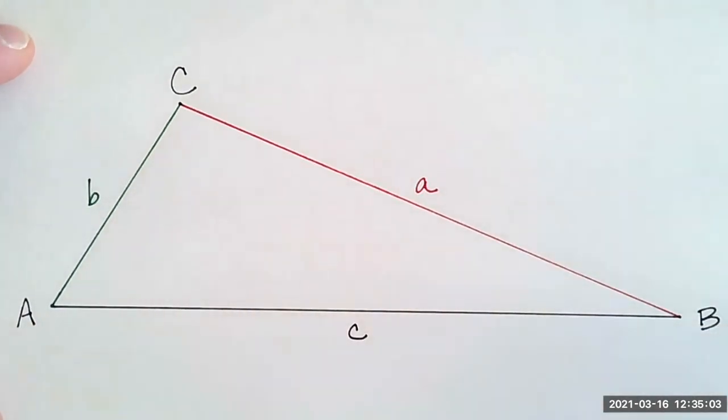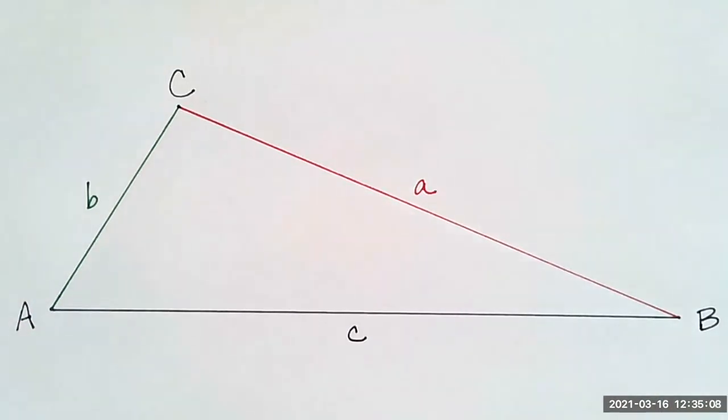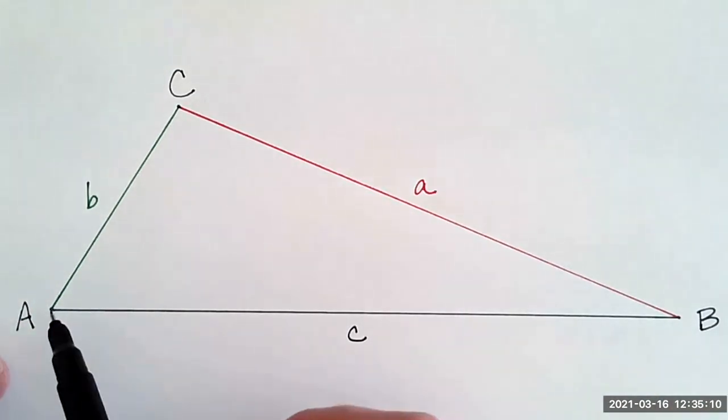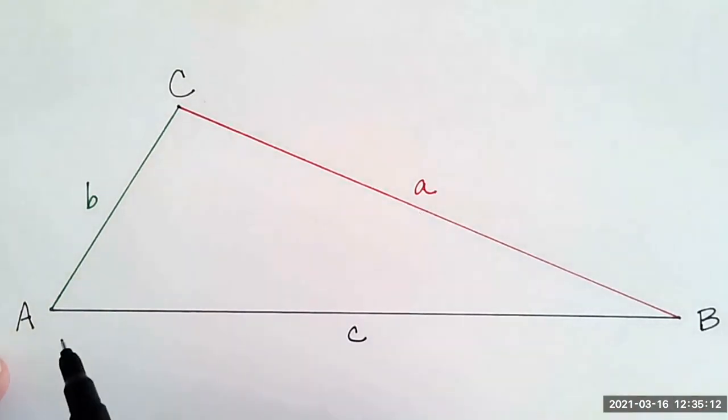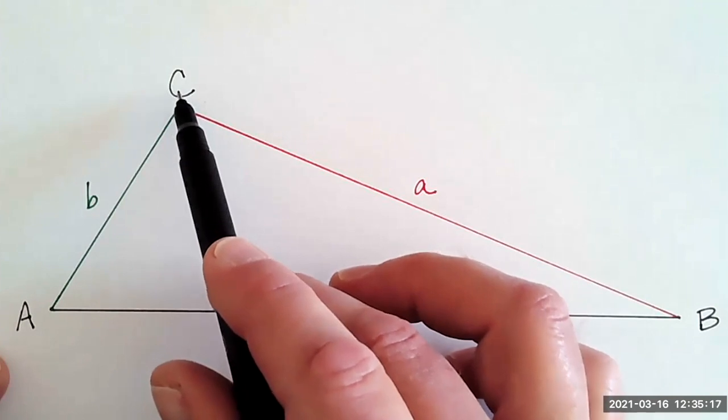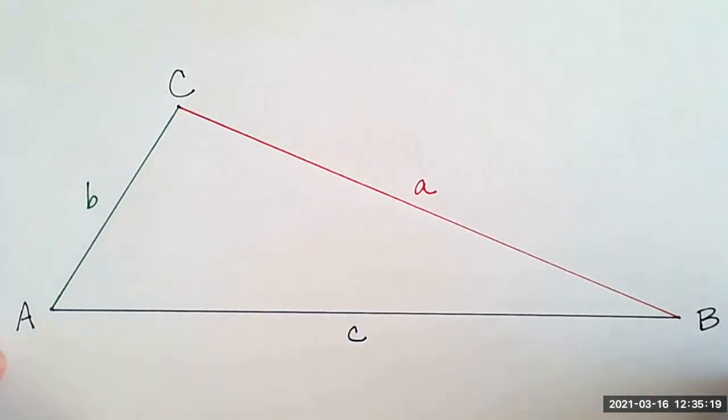This is a convention that's usually a standard that keeps things straight. Also, it's just good to relate the opposite side a, angle A, vertex C, opposite side c, and so on.